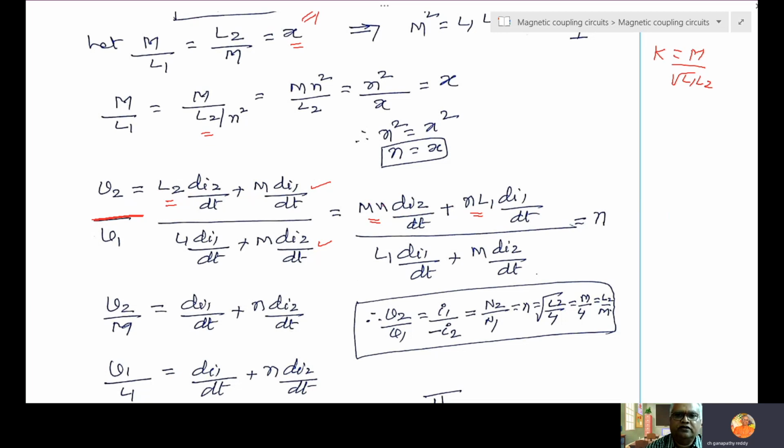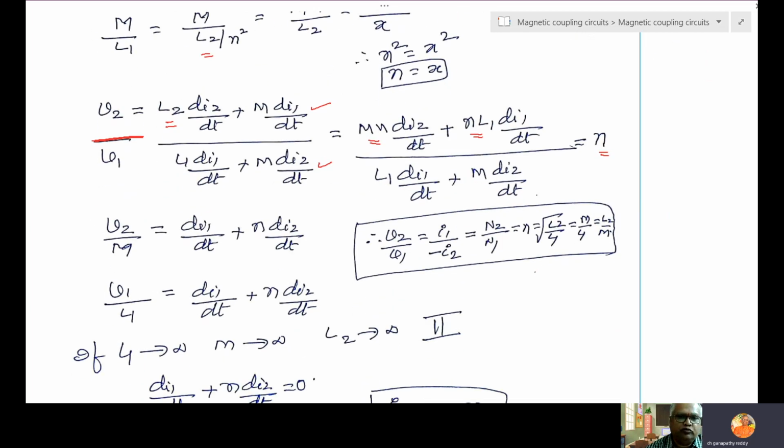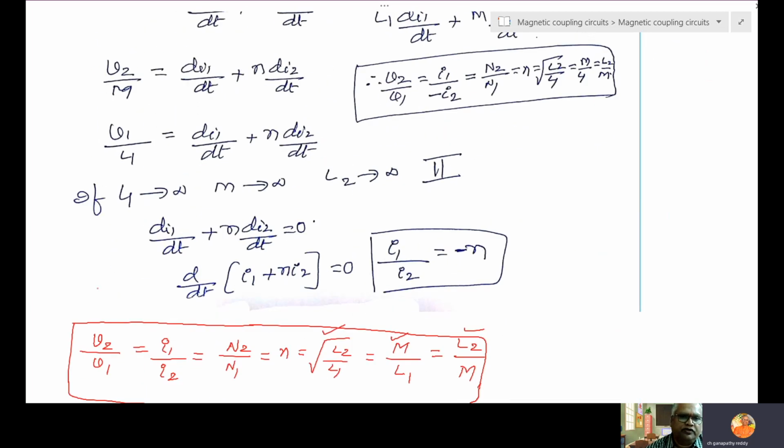Then take the small n common. Then M di2 by dt plus L1 di1 by dt cancels with the denominator. You will get only N. Therefore, V2 by V1 is becoming small n. So this proof also done: V2 by V1 is equal to N.